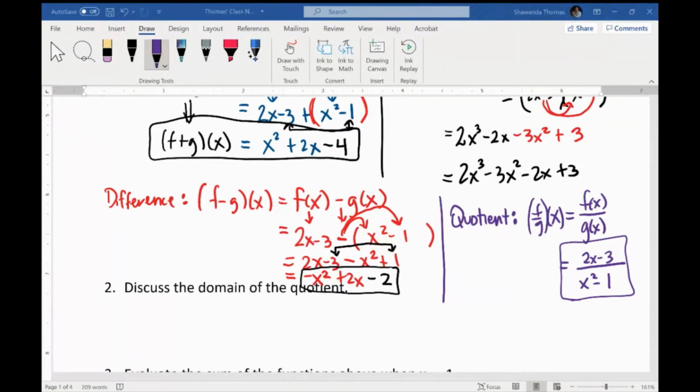Very good. However, when you factor it, what are the factors? x plus 1, x minus 1. Does it cancel with 2x minus 3? No. So you can't do anything. But be on the lookout for things like that.